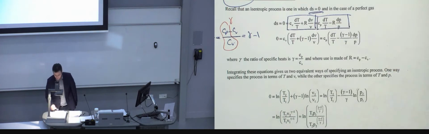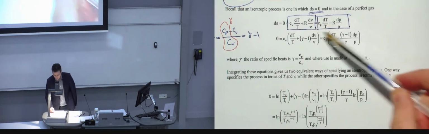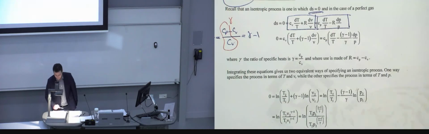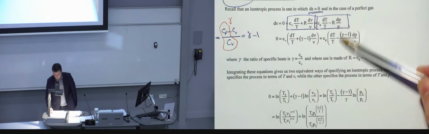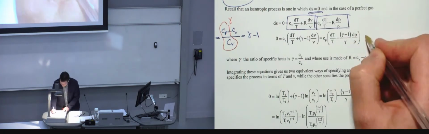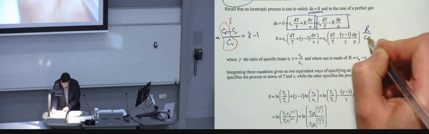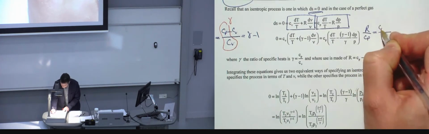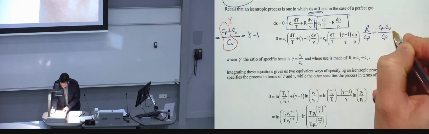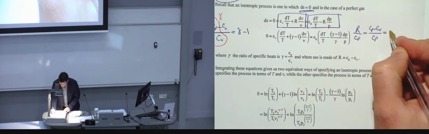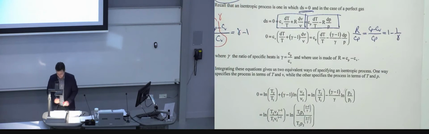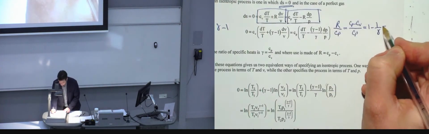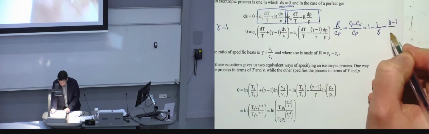The right-hand side of the equation is very similar. I'm factorizing it with respect to CP, so I should expect that R divided by CP would be this. Can we check that now? R divided by CP gives you 1 minus 1 over gamma, and that is equal to gamma minus 1 divided by gamma.